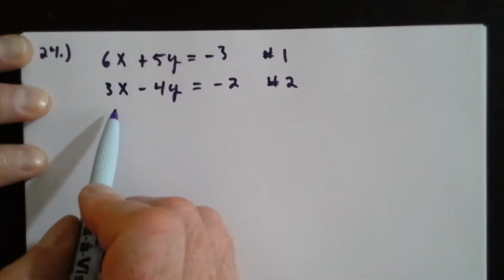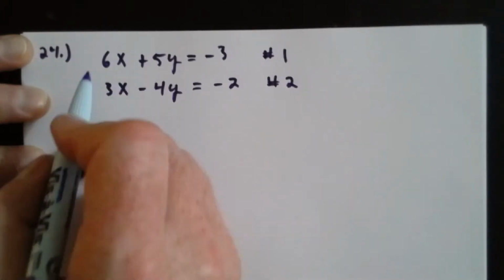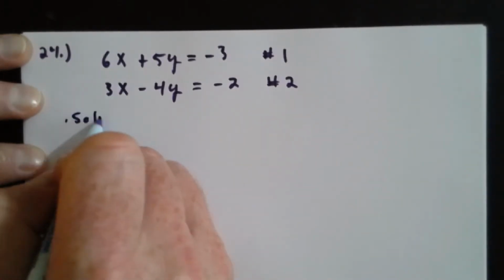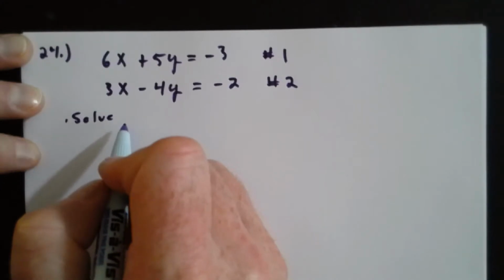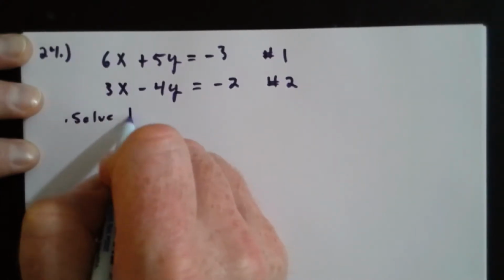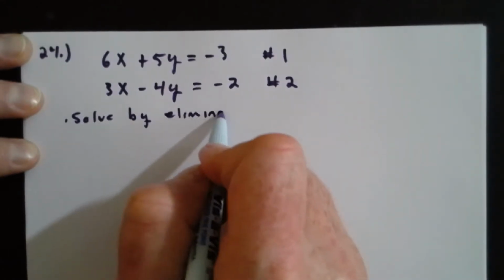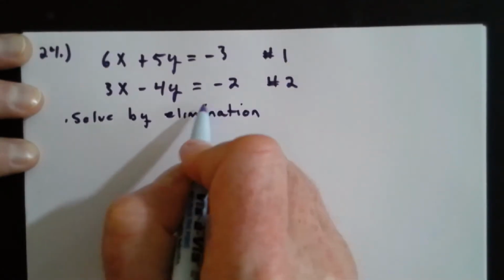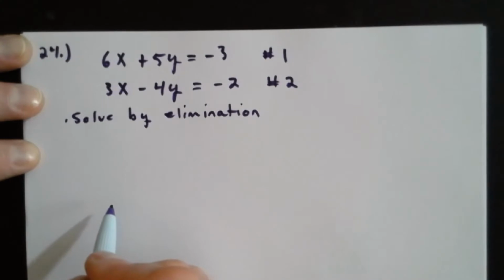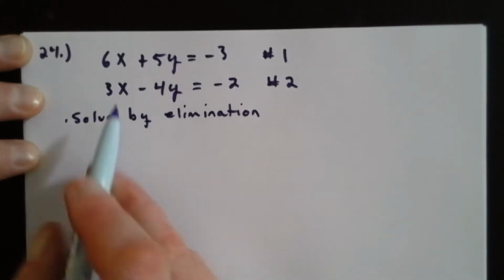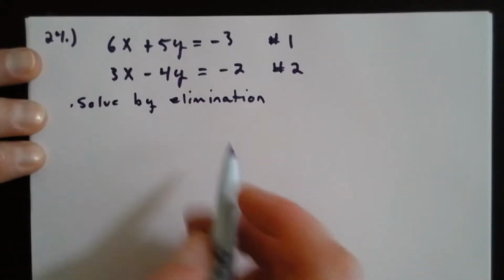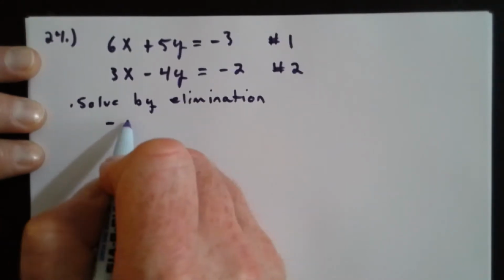So we're going to solve this by elimination. In order to eliminate, we need to cross multiply.